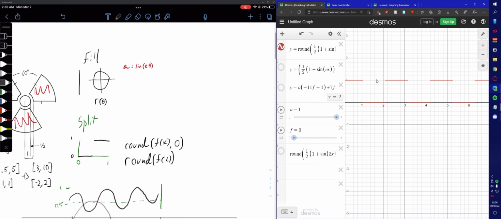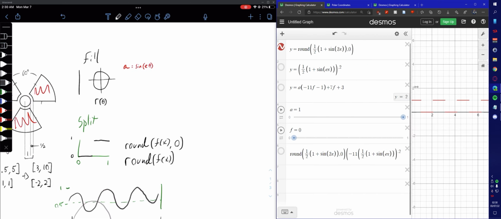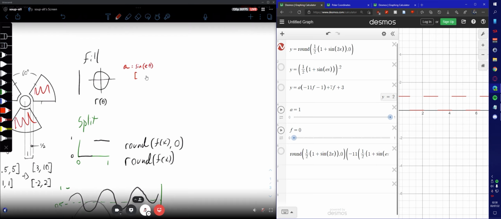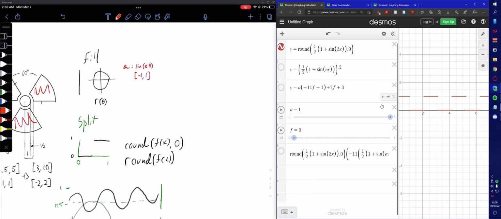Now let's go back to our fill. What do I have written down here? Well, very similar. Because the range of sine, back over here, goes from -1 to 1. What we want to do is get this to 0 to 1.